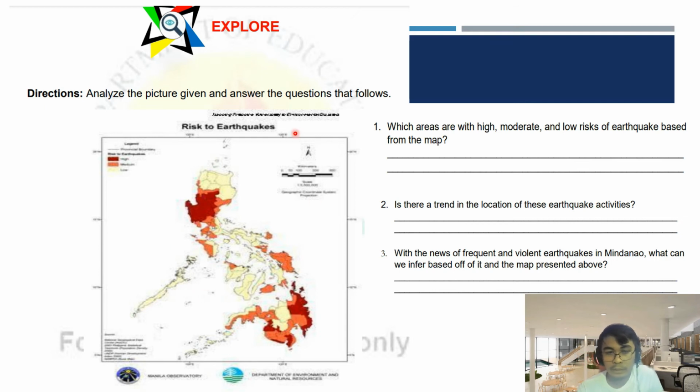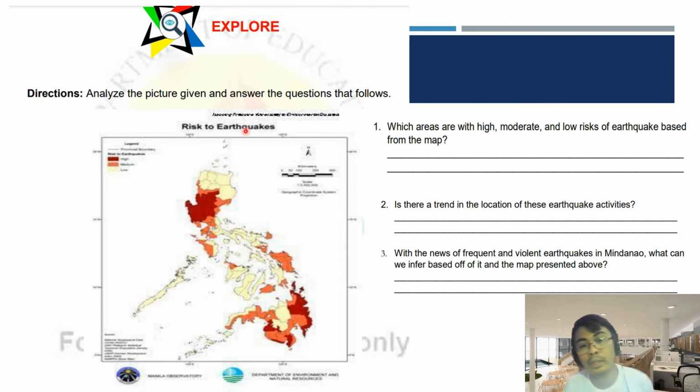Actually lahat naman ng part ng Pilipinas naka-experience na ng earthquake, but they try to differ in terms of the intensity and magnitude. So yung mga red na to, they represent those areas na madalas tamaan ng earthquake. They are very risky, or yes, they have this high risk in terms of earthquake. And then yung orange naman, yung minsan lang, paminsan-minsan lang, average yung risk nila in terms of earthquake.